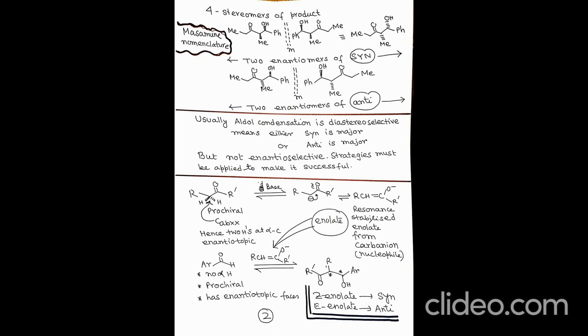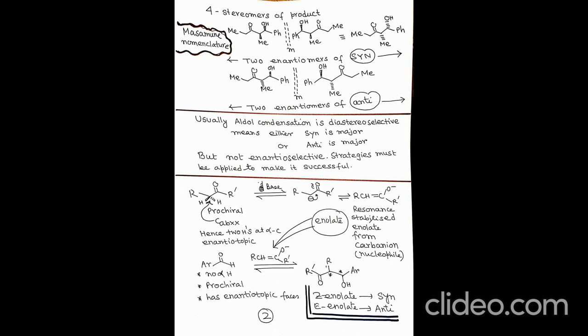But in this regard, I would like to mention one thing: whenever we get the Syn as a major or Anti as a major, those are definitely diastereoselective, but when we get the Syn, then under the Syn we get the racemic mixture of 2 Syn products. When we get Anti as a major product, in the same way we get a racemic mixture of the enantiomers of the Anti.